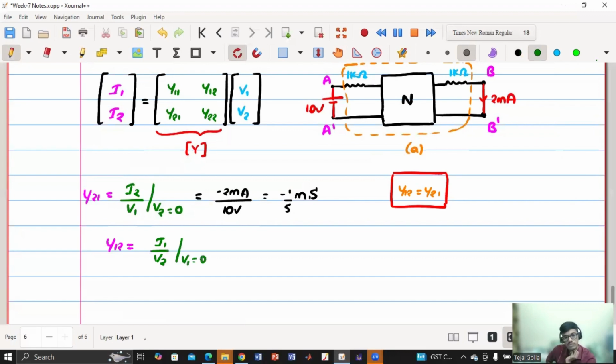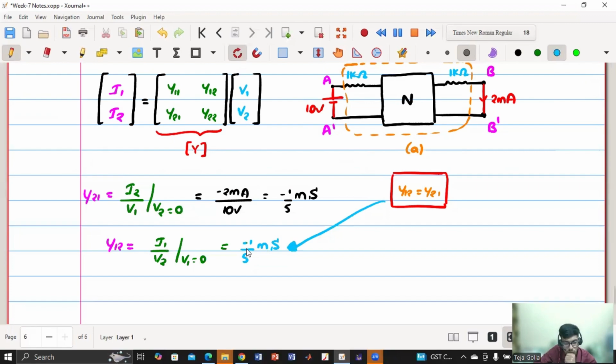True? This is my Y12 and this is minus 1 by 5 millisiemens because of this condition. Right? Agree?